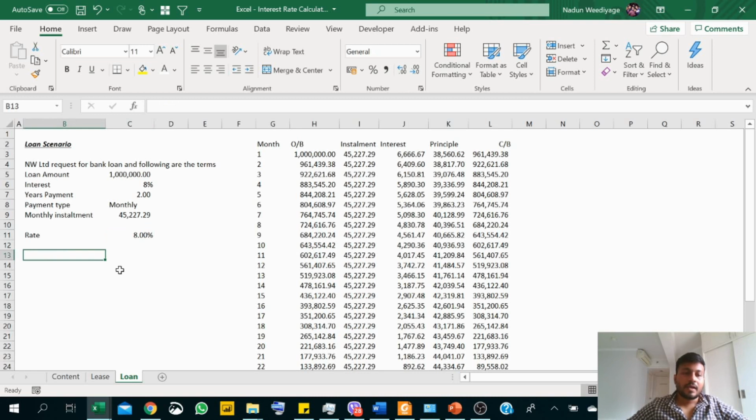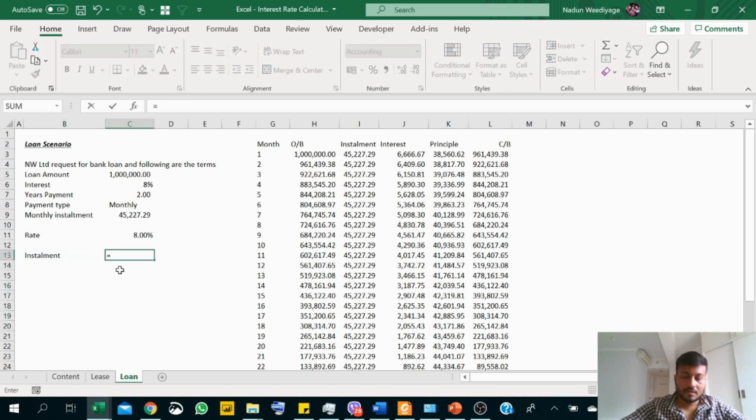And how to calculate the installment, so let's see. Installment equals PMT. The rate that you were given is 8%, but this is for a year, so you need to divide it by 12 to get the monthly rate.